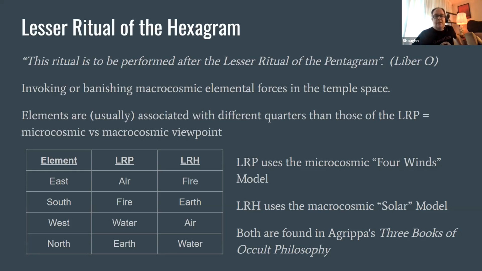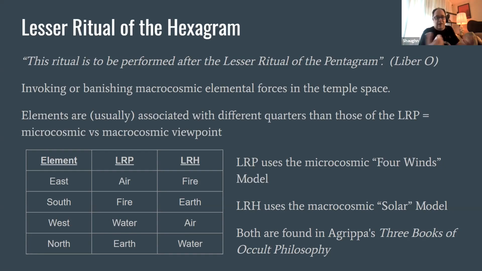If your perspective is on the surface of the earth, the microcosmic viewpoint, then you have air in the east, fire in the south, water in the west, and earth in the north.